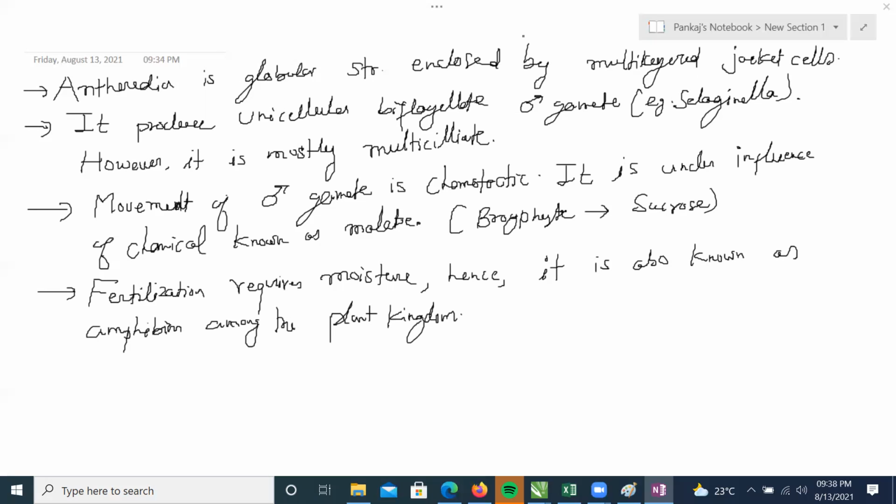So in the first point, it says globular structure enclosed by, I can't read that word. Enclosed by multi-layered jacket cells.